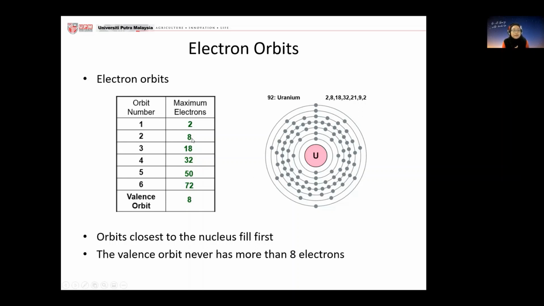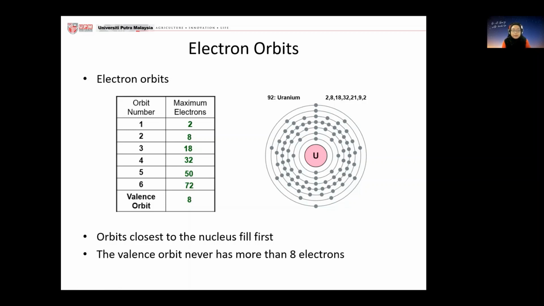If you have something like uranium, it's 92, right? So you're going to have something complex like this. But imagine hydrogen, for example, you only have 1 electron, so only 1 ring. That follows according to which atom you're looking at.